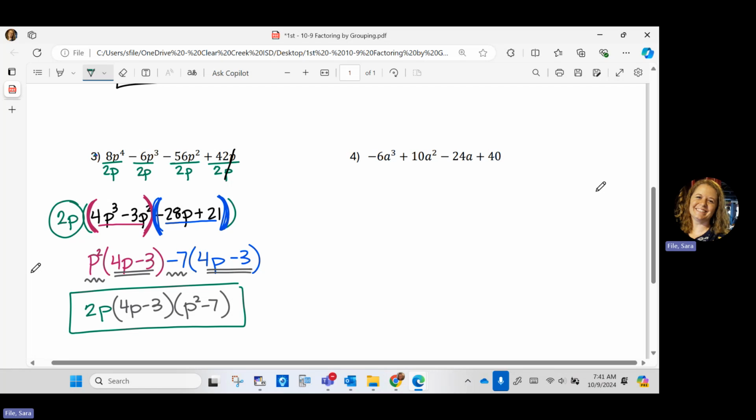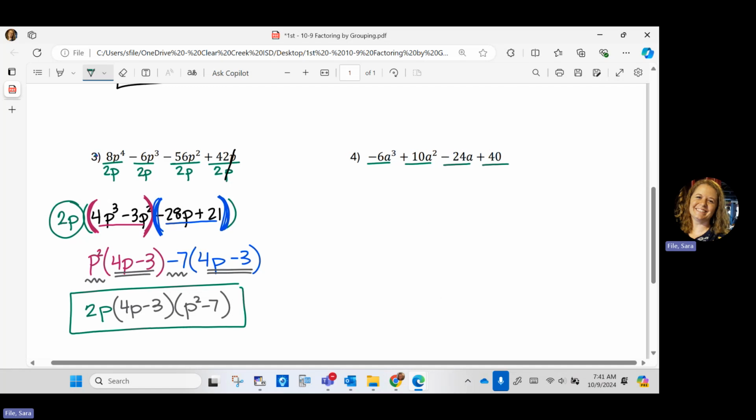All right, number 4. Is there a GCF I can take out to begin with? Yeah, those are all divisible by 2 and nothing higher. 2 is the highest I can take out of all of them. Can I take an a out of all of them? No, that last term doesn't have an a.